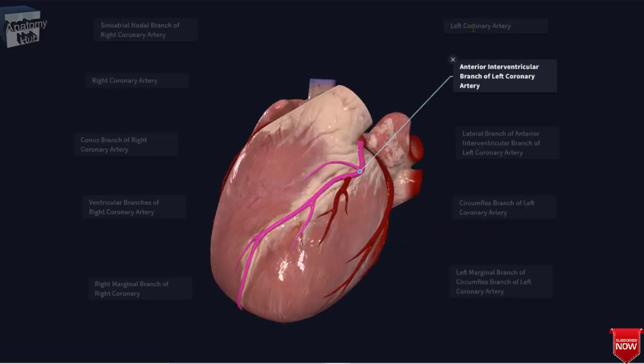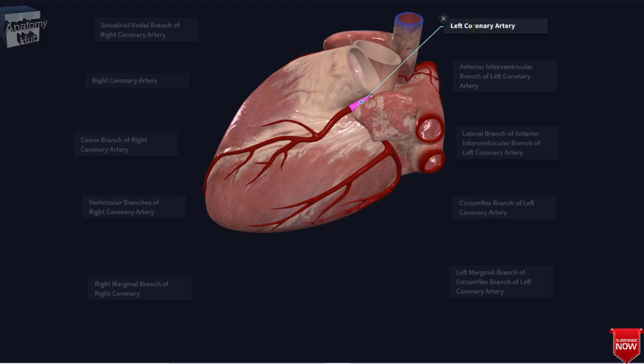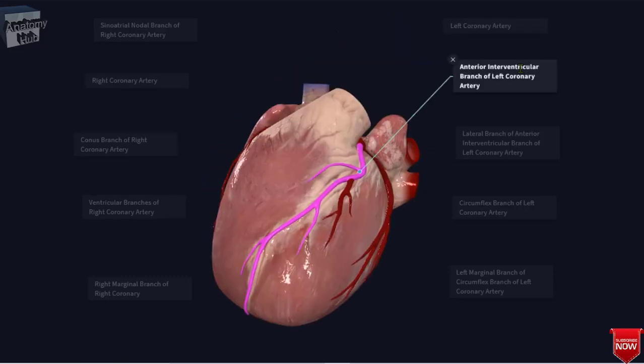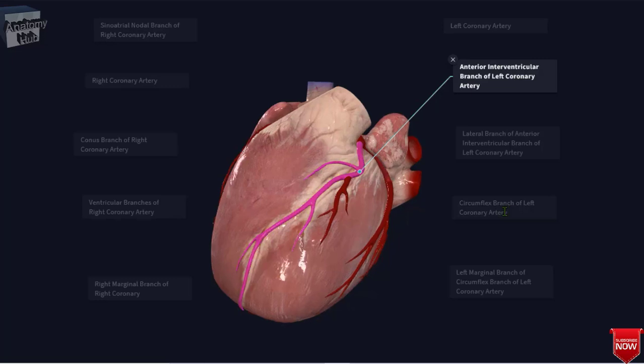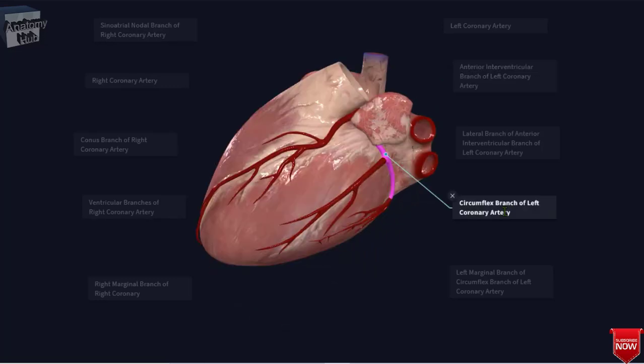The left coronary artery passes between the left side of the pulmonary trunk and the left auricle. The left coronary artery divides into the anterior interventricular branch and the circumflex branch of the left coronary artery.